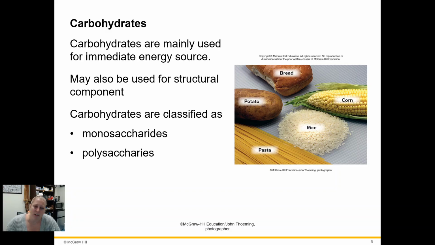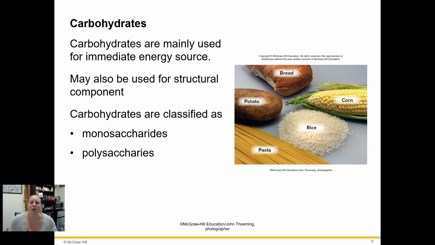However, carbohydrates can be your simple sugars or your complex carbohydrates. So they're classified as either monosaccharides, one sugar, mono meaning one, saccharide meaning sugar, or polysaccharides, many sugars, poly meaning many. Now, we're going to talk about both monosaccharides and polysaccharides because your monosaccharides are the monomer and your polysaccharides are the polymer of your carbohydrates.